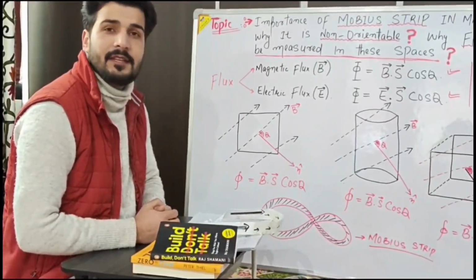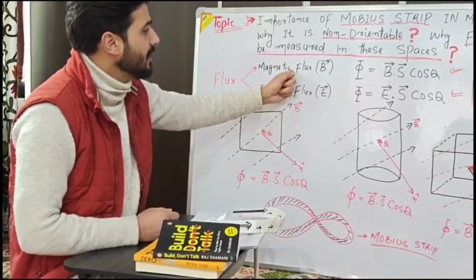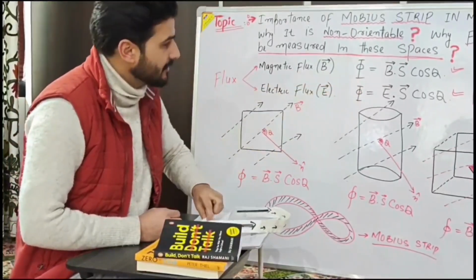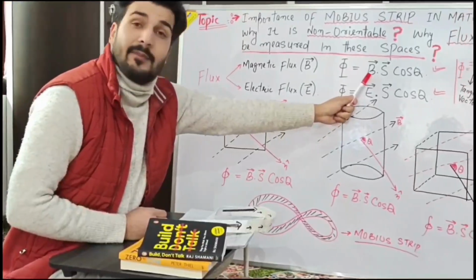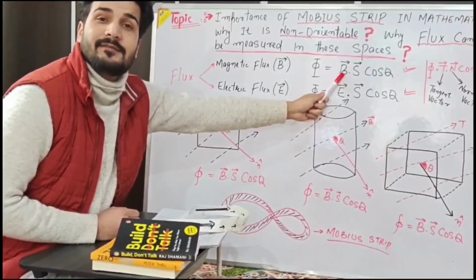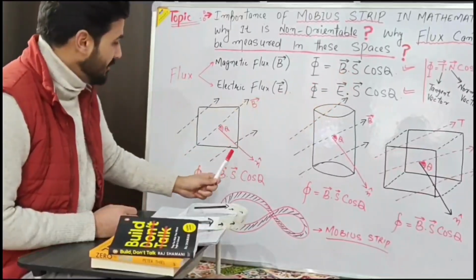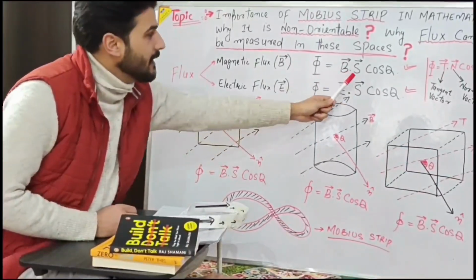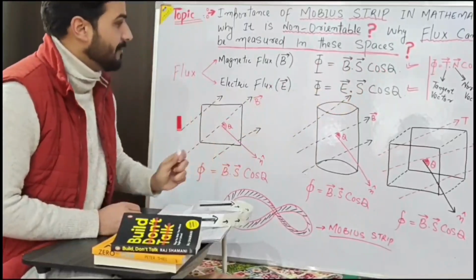So, how can we measure magnetic flux? It is represented by phi equals B dot S cos theta, where B represents the magnetic field, S is the normal vector to the surface, and theta represents the angle between them.